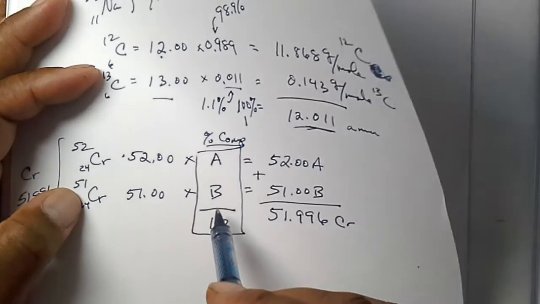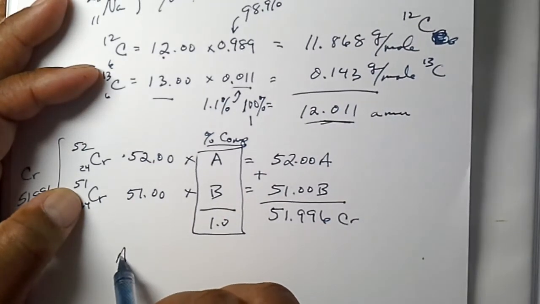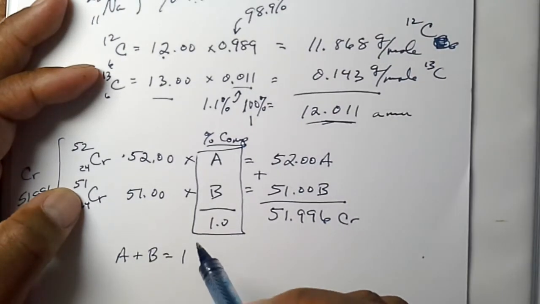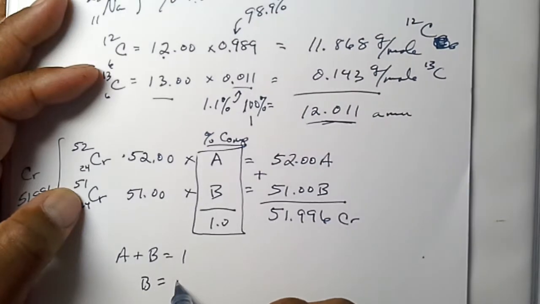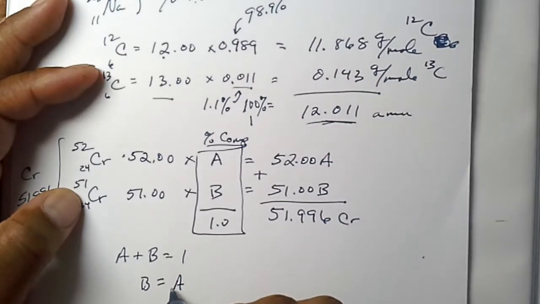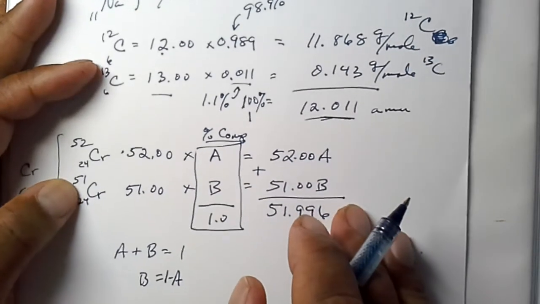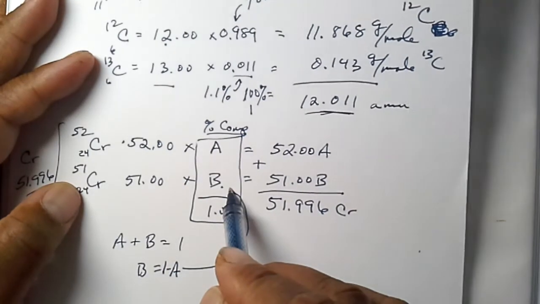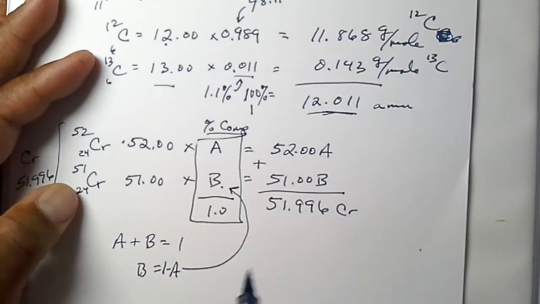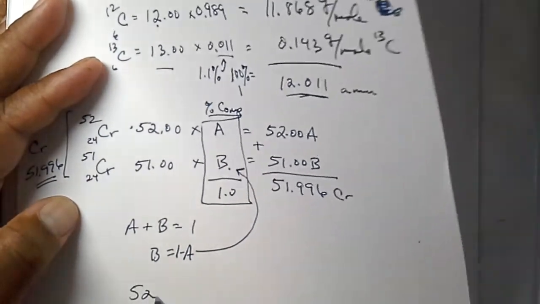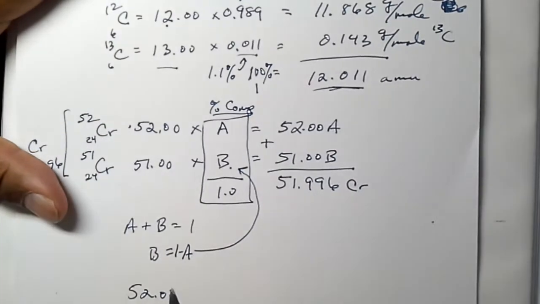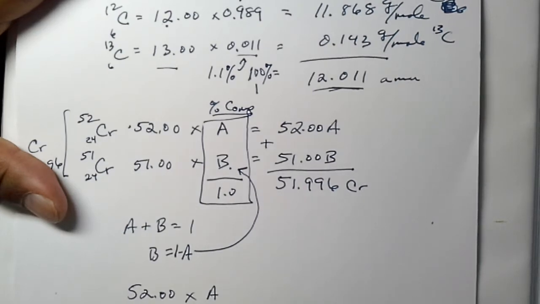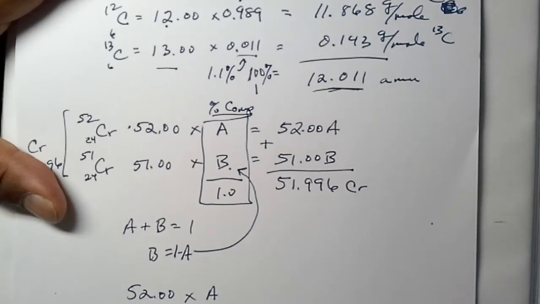So if we added A plus B to get 1, we can rearrange it so that now we can say B equals 1 minus A. And when we do that, we can substitute in for B, which is now equal to 1 minus A. So now our expression is 52.00 times A plus 51.00 times 1 minus A.